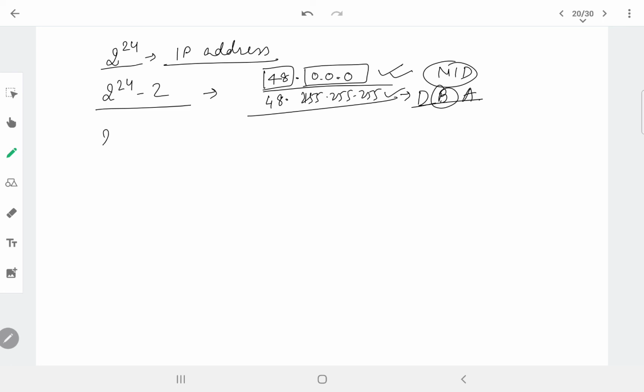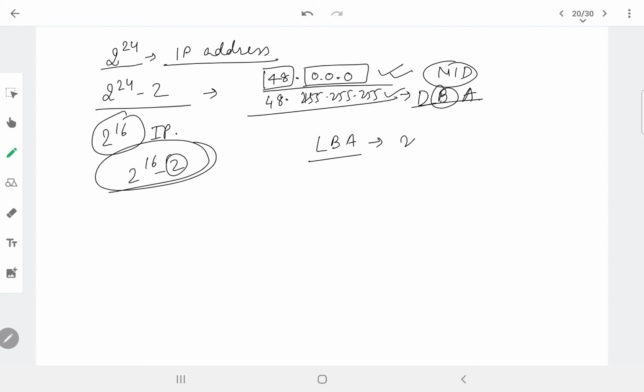Similarly, in class B, although we have 2 to the power 16 IPs available, the number of configurable hosts is only 2 to the power 16 minus 2. So this is why we subtracted these two numbers to find the number of configurable hosts. And the limited broadcast address is fixed as all ones, 255.255.255.255.